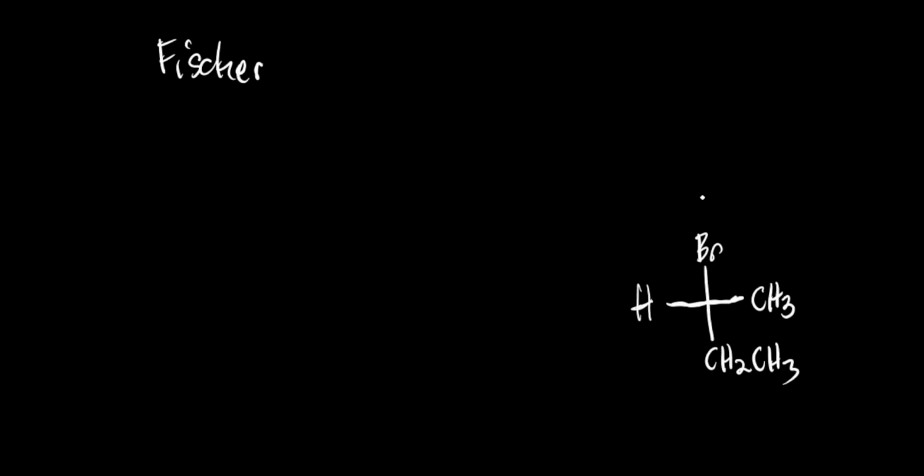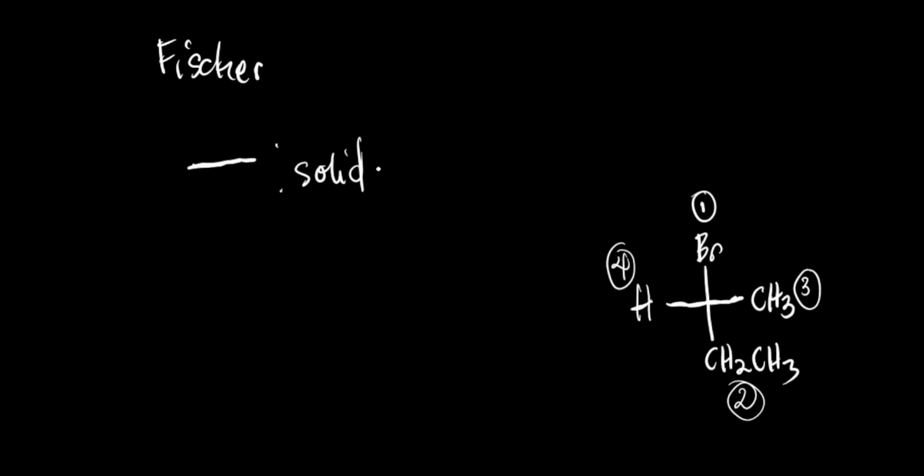Now, as usual, take your priorities. So this is priority number 1. This, as we determined earlier, is priority number 3. This is priority number 2, and then this is priority number 4. Now this is very interesting. Notice that hydrogen is attached to a horizontal line, and we stated earlier that a horizontal line in a Fischer's projection represents a solid wedge.